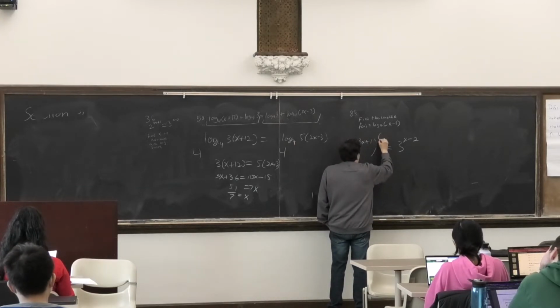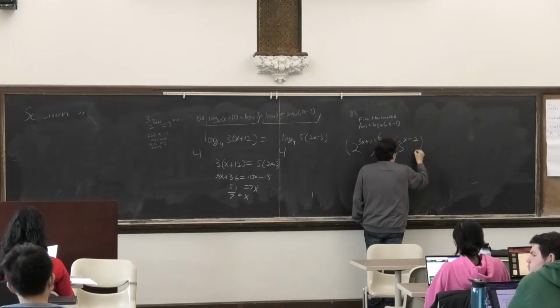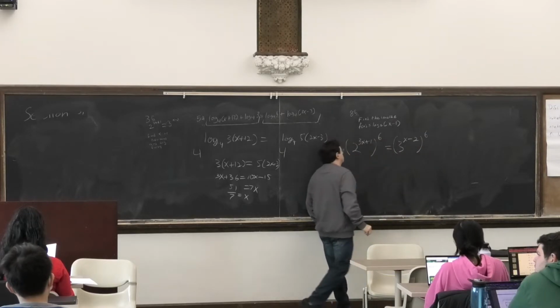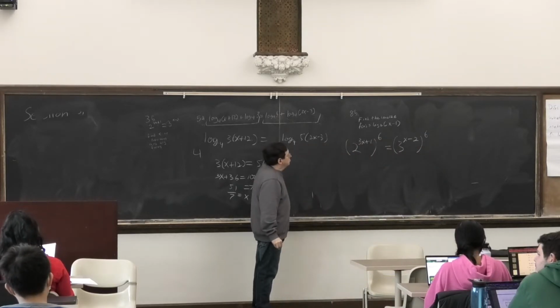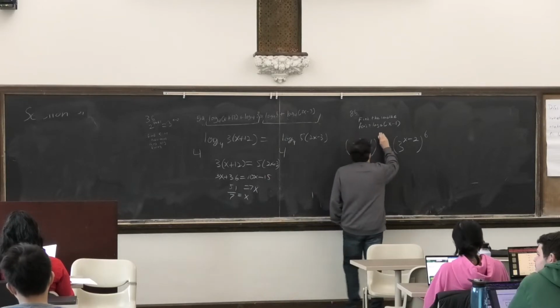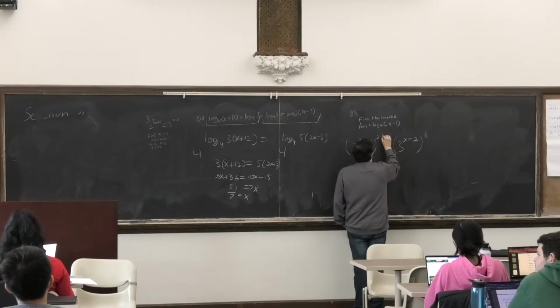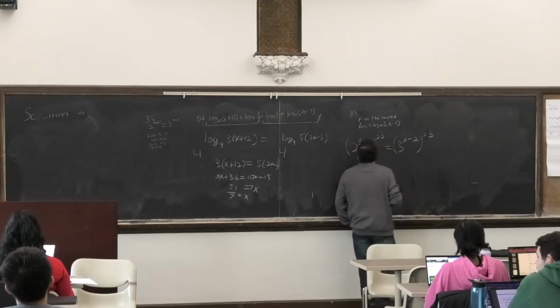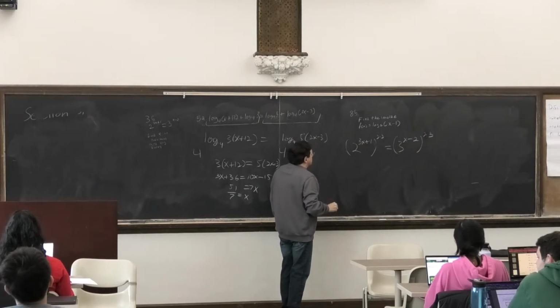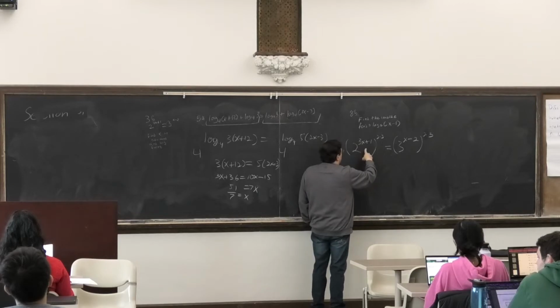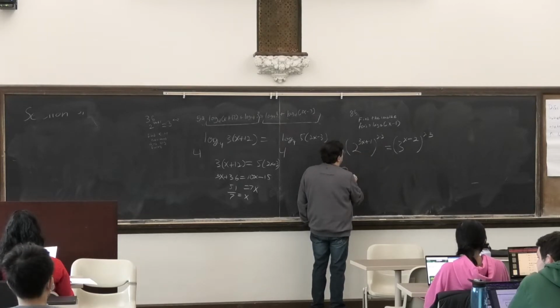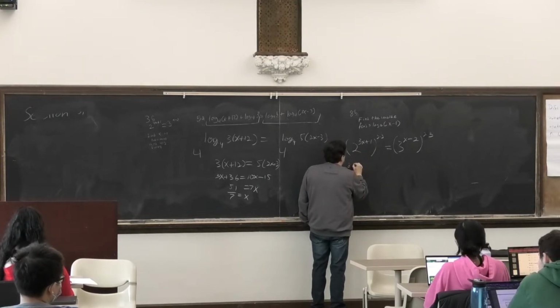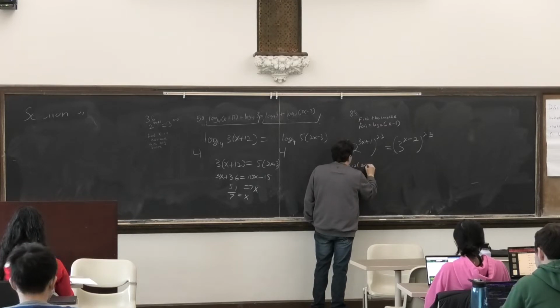Let's raise these both to the 6th power. That's 2 times 3. So here, this becomes 2 to the 3 times 2, 3x plus 1.